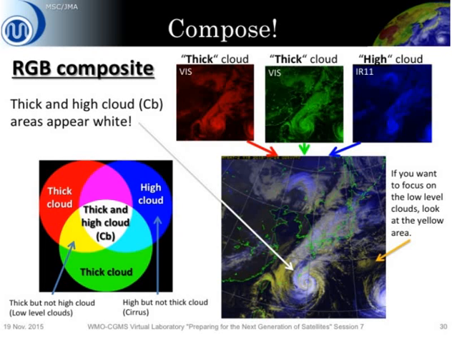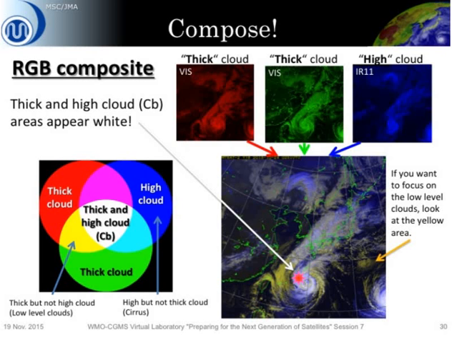Allocate red and green to the thick cloud glasses, and blue to the high cloud glasses. Then compose. In the same way as before, thick and high cloud areas appear white and easy to recognize.